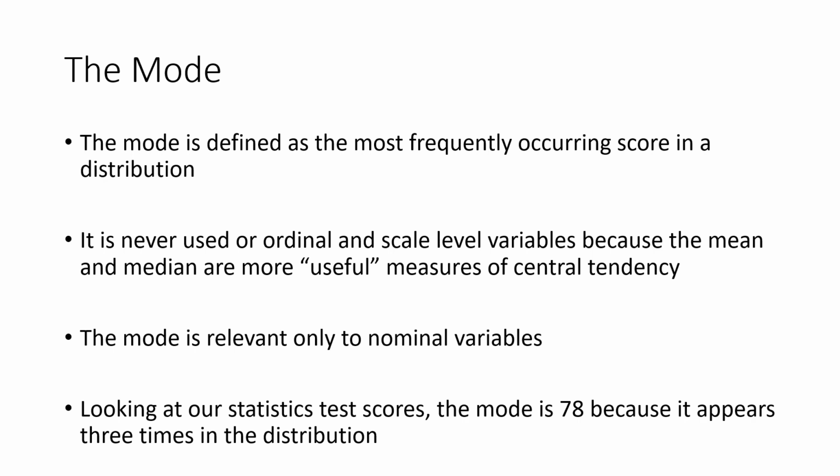Again, this isn't a meaningful way of measuring a central tendency, but just for the sake of illustration, if you look at those 25 scores, the only one that occurs 3 times is 78. So that would be our mode. As I said, it's not a terribly useful measure of central tendency, but it is one that you should be familiar with.